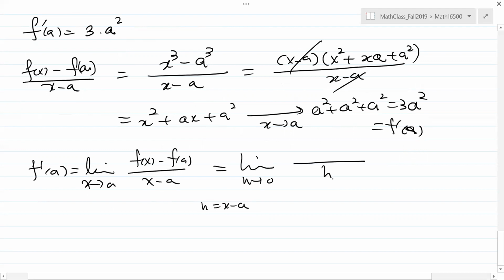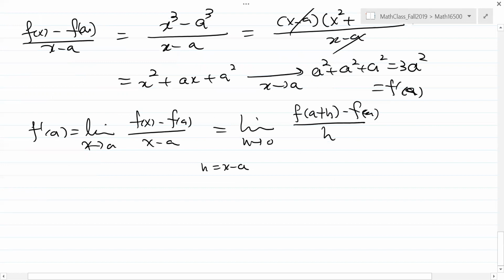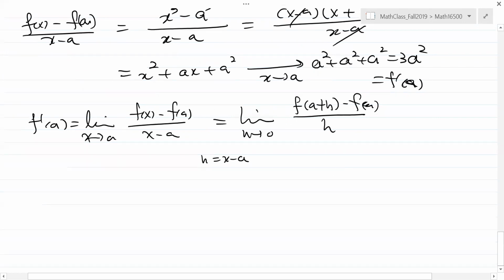Then what do you get? Here's h. x will be a plus h, and so this is another formula for the derivative. It makes the denominator simpler, just h instead of x minus a. You can also use this to find the limit.